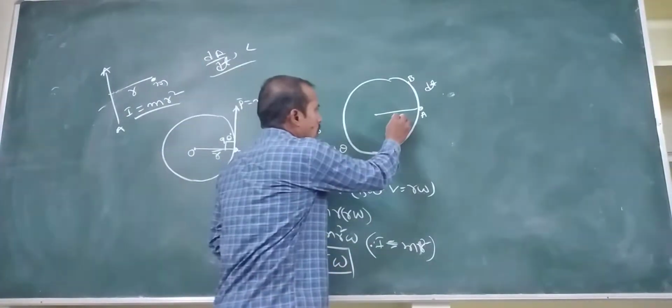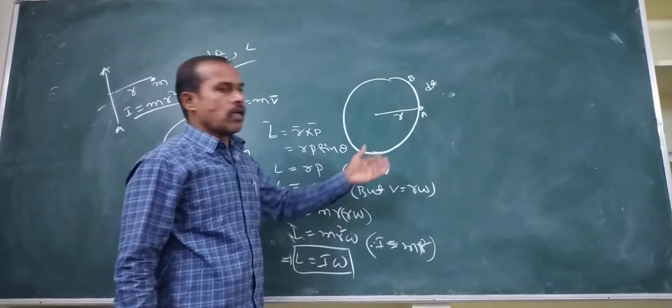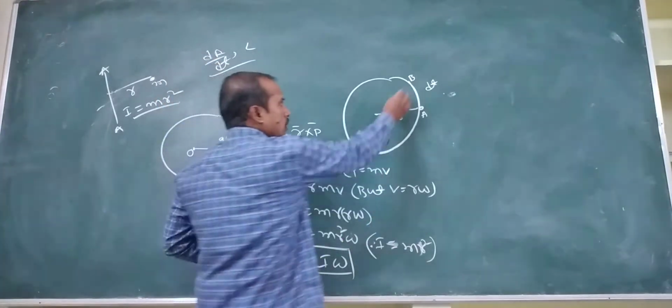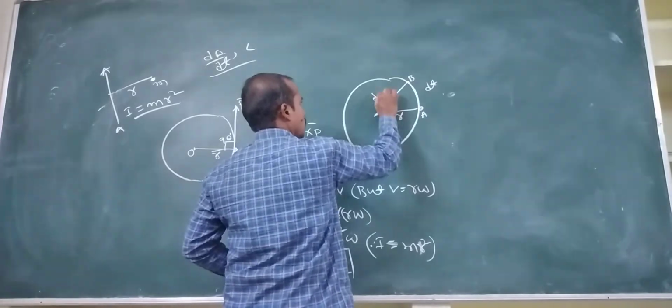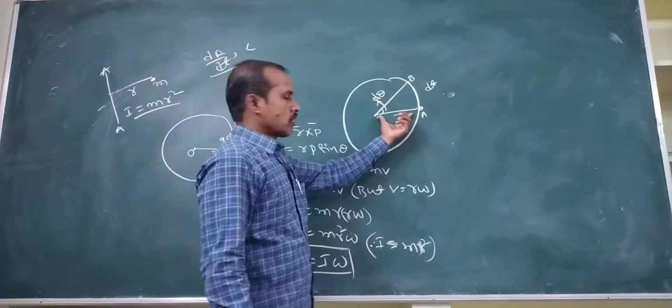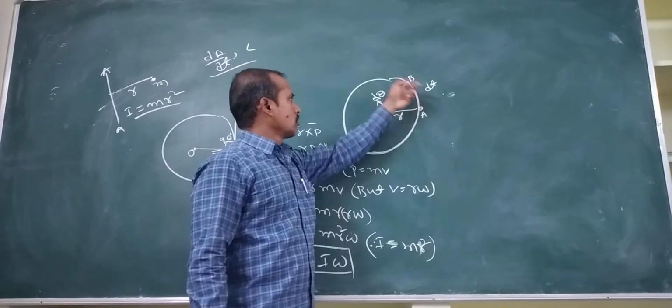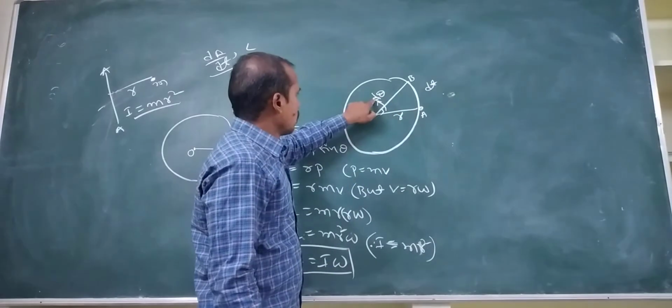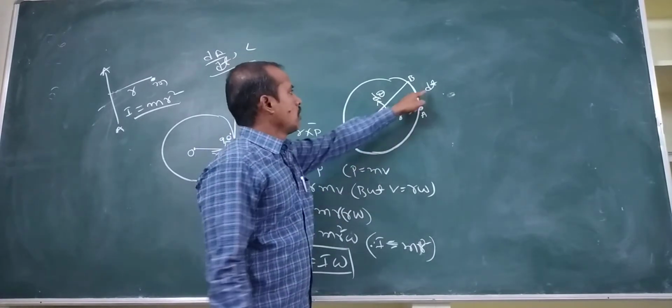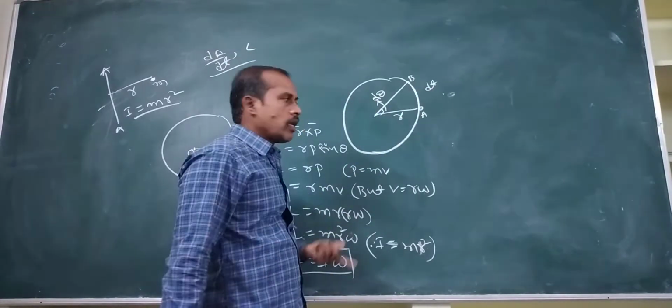The radius vector rotates through an angle d theta. This is d theta. The radius vector rotates through the angle d theta at the origin in dt time.